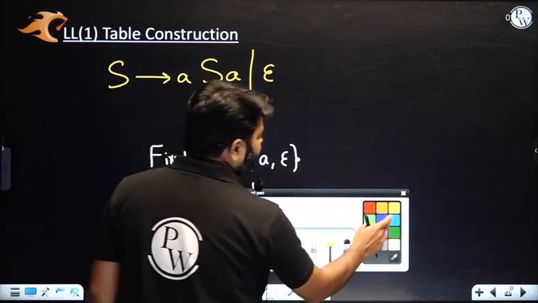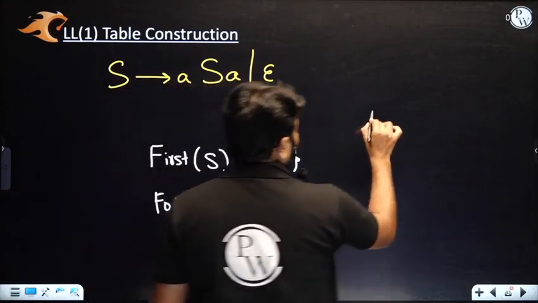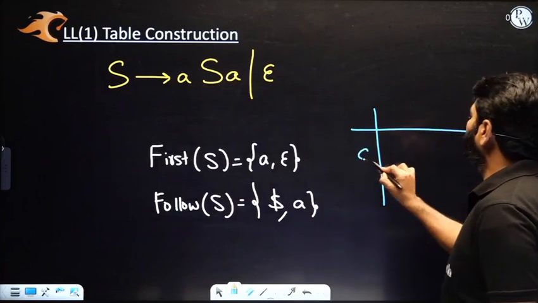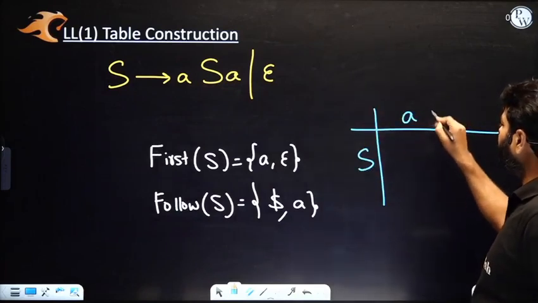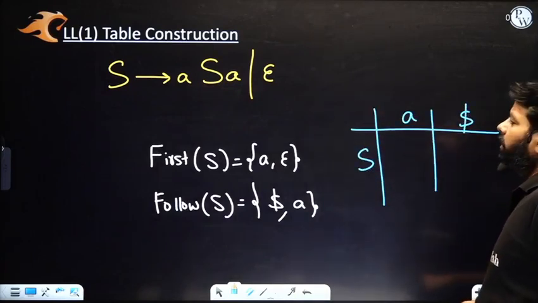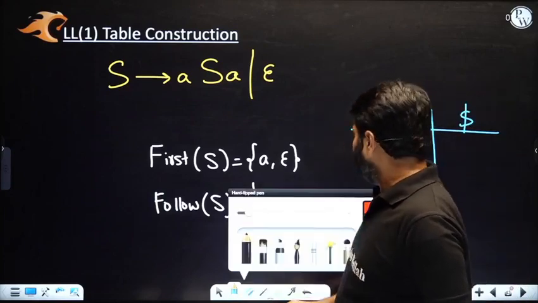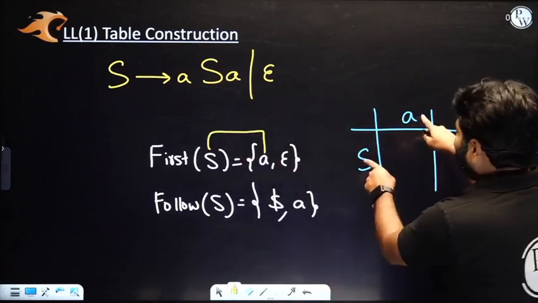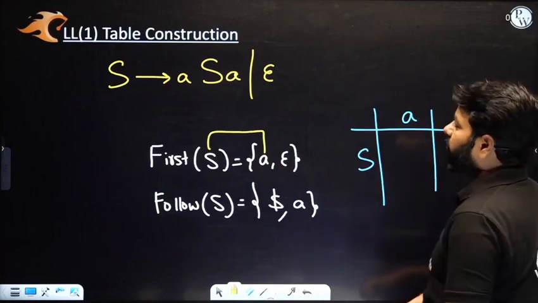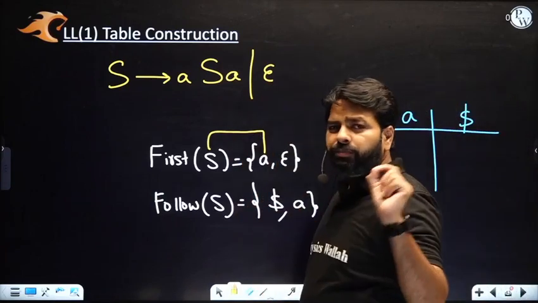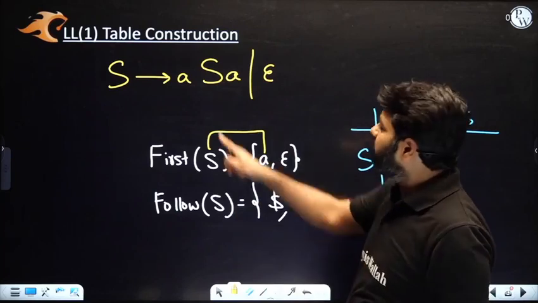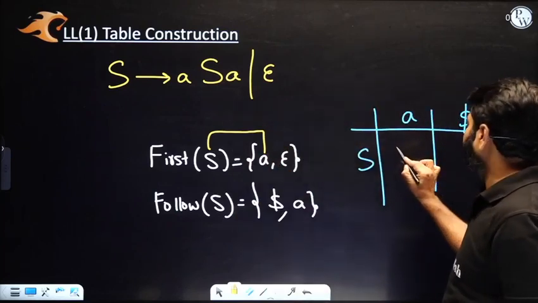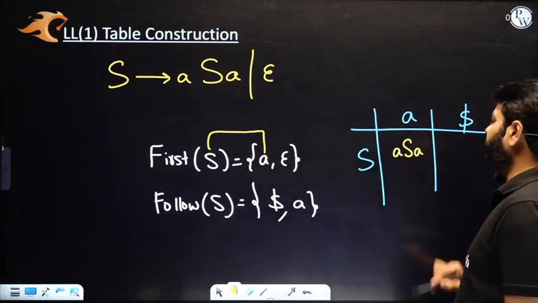Now, try to build the table for this. You have only the S row and only one terminal, dollar, plus A. Now, look at the first combination, very important, S, A. Out of these two productions, which will give A as the first symbol? This one. So you write here S derives A S A, one production you have written.